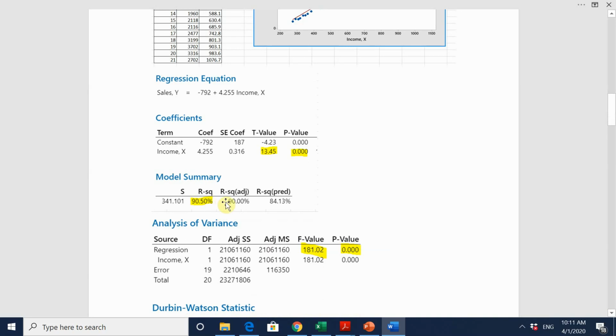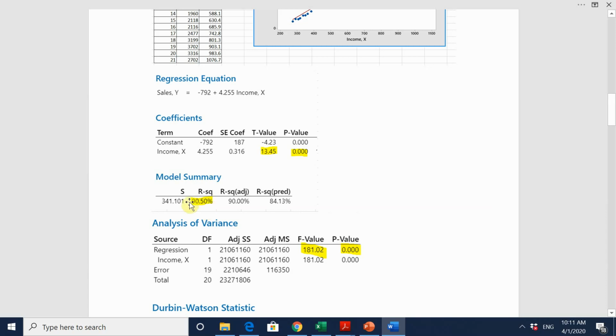My coefficient of determination, which measures how the regression equation accounts for the variability in y, is a very high value of 90.5%, which tells me that I have a very good regression line.